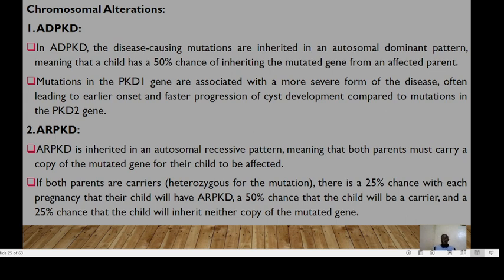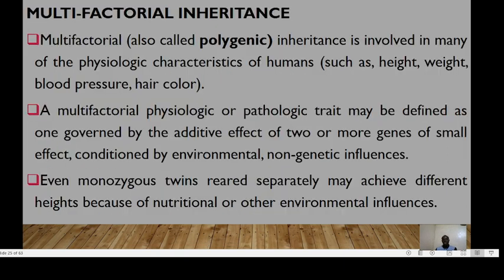So there is a 25% chance with each pregnancy that their child will have autosomal recessive polycystic kidney disease, a 50% chance that the child will be a carrier, and a 25% chance that the child will inherit neither copy of the mutated gene.